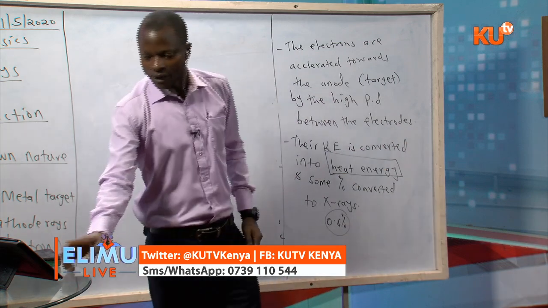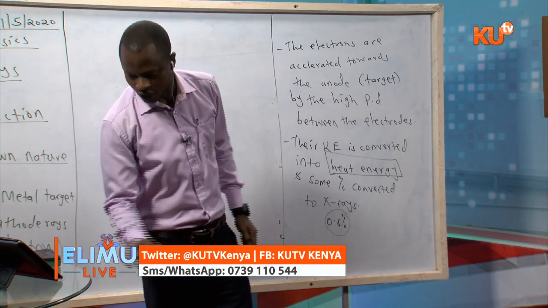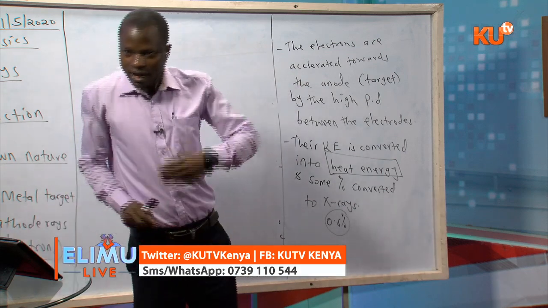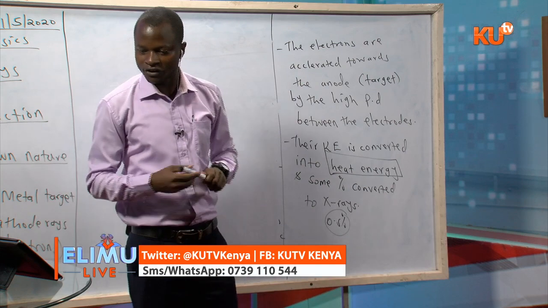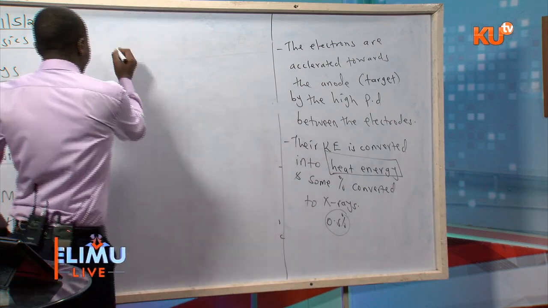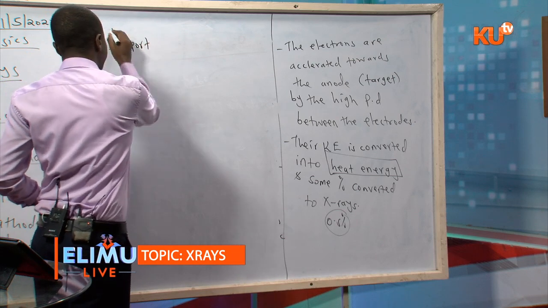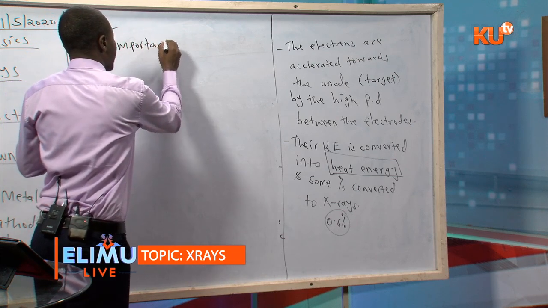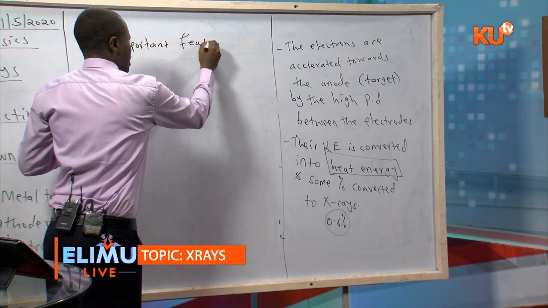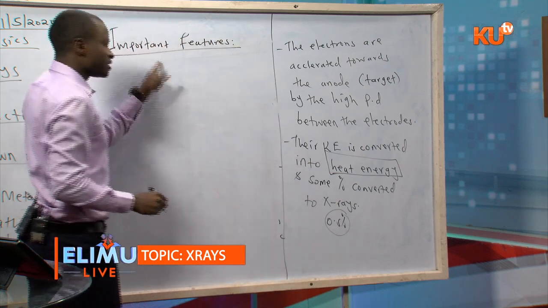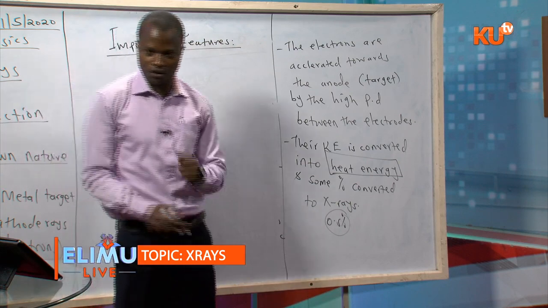Now, if we go back to the previous slide, you see the X-ray tube. I want to mention some important features of that X-ray tube. I was checking through some past papers, and you can be asked a question or two on this.